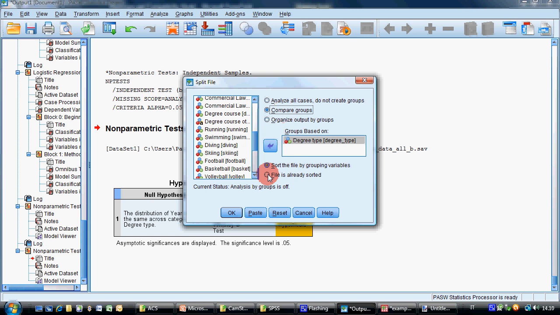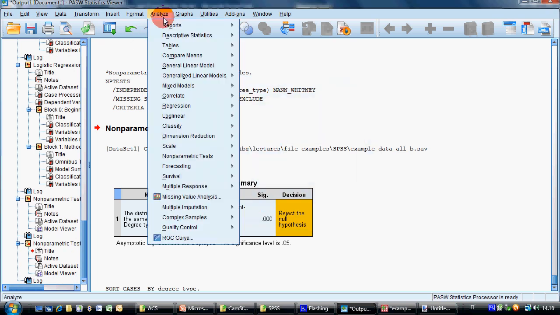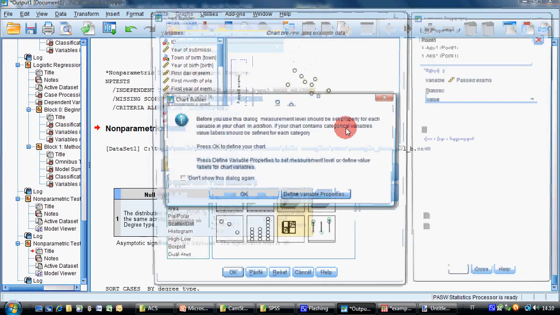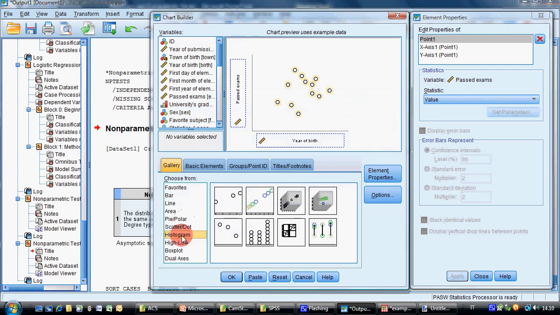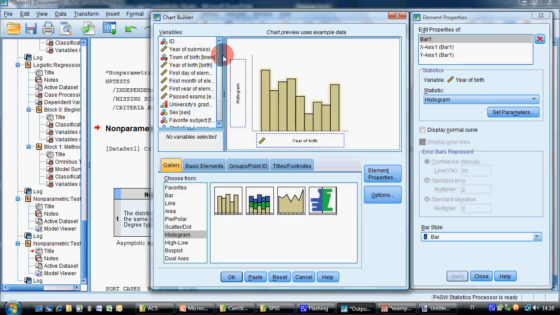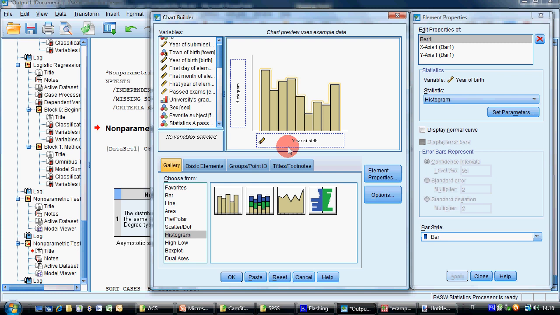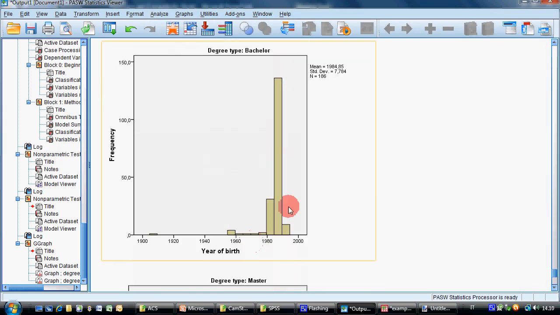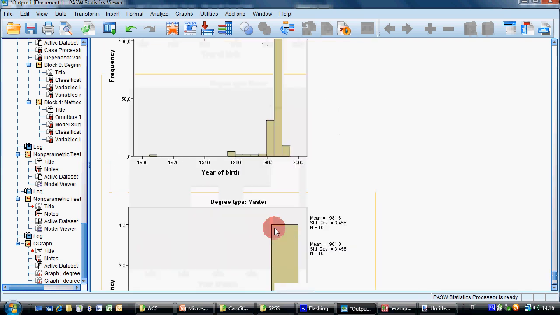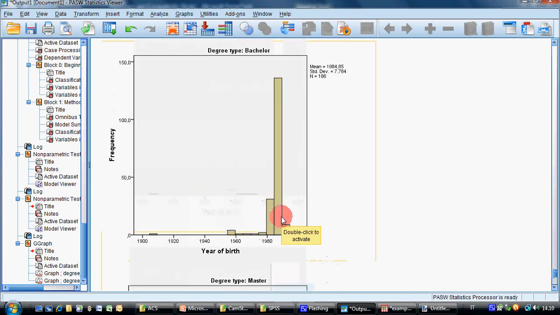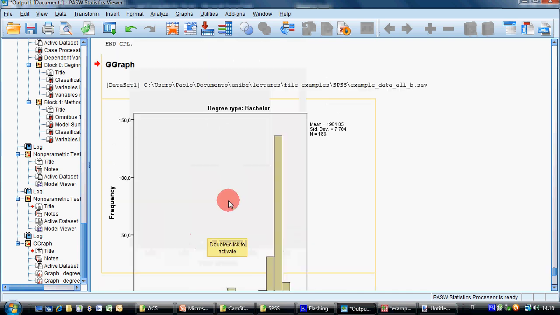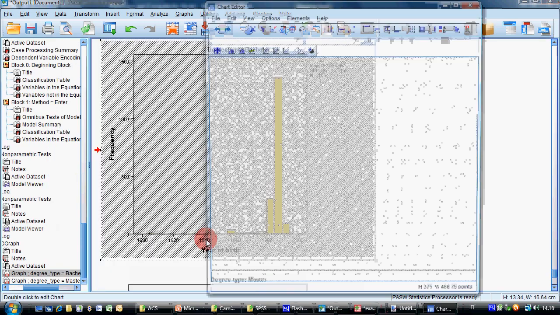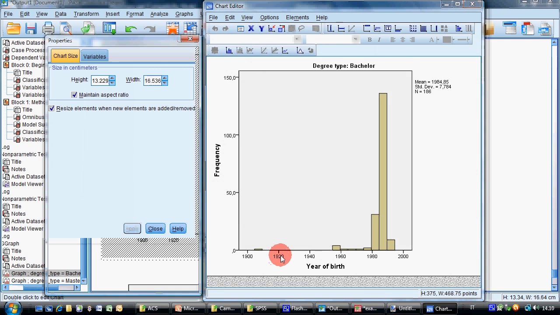Compare the groups. And now you should ask for the histogram of year of birth. And you will see that the histogram for year of birth for bachelor is like this one, and for master is like this one. Let's put the same. Here there is the stupid person who has answered.